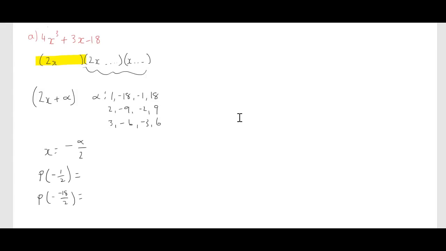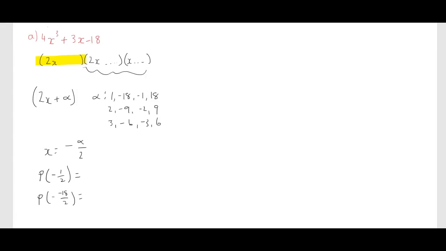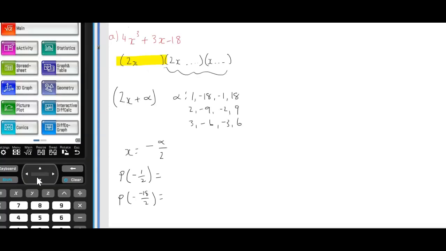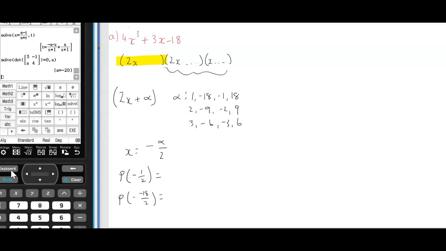Let me just pause while I get the calculator up. All right, so here's my calculator. Let's just go into the main screen. Now, what you can do is go to your keyboard and we're going to define the function. We're just going to go to define and we can call this function anything. I'm just going to call it f.